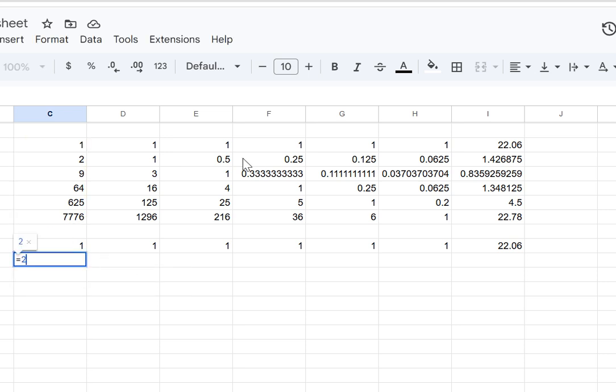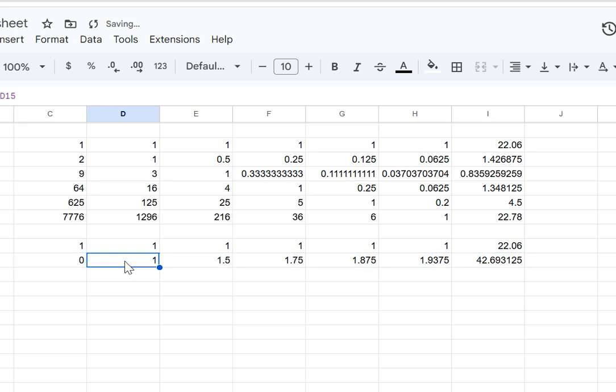So if I just say 2 times the first row minus the second row and hit enter, that puts a 0 in this first place, and I drag that over so that all the other cells do exactly the same thing.